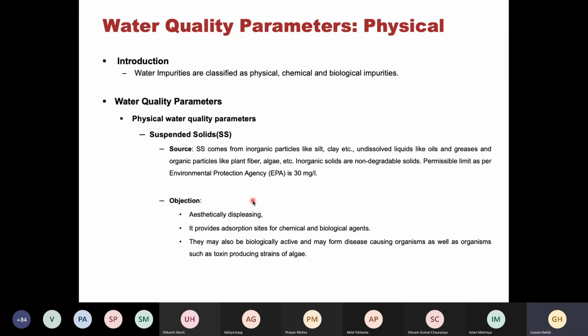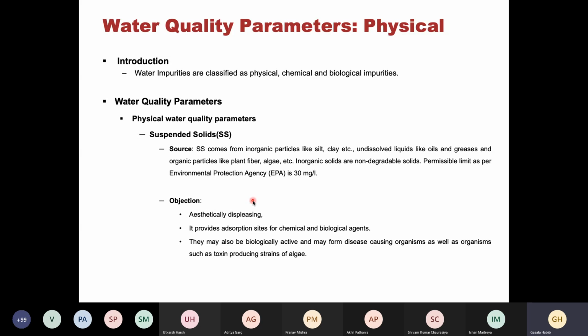So first is the physical water quality parameter, in which suspended solid is the first parameter. Suspended solids can be defined as solids which remain floating in the water because they are lightweight. Particles like silt, clay, and even very fine particles of sand remain suspended in water, and they are known as suspended solid.